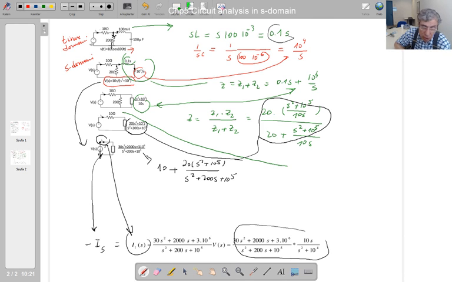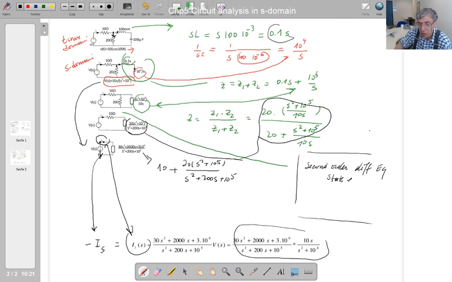So you might say, okay, it seems a bit good in S domain. What would happen if you did the analysis of this circuit in time domain? There is one inductor and one capacitor here. We were going to write a second order differential equation for the analysis. That's going to be the state equation, we call it.